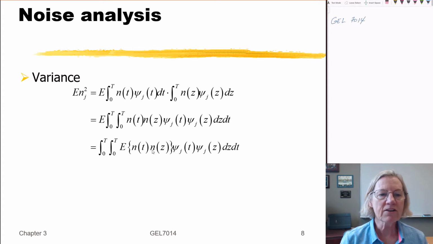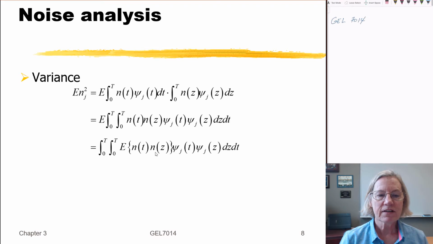So we have here the autocorrelation function of the random process. And we know that this is going to be 0 except when t is exactly equal to z. So this double integral will essentially become a single integral, because whenever t is not exactly equal to z, this expected value will be 0.